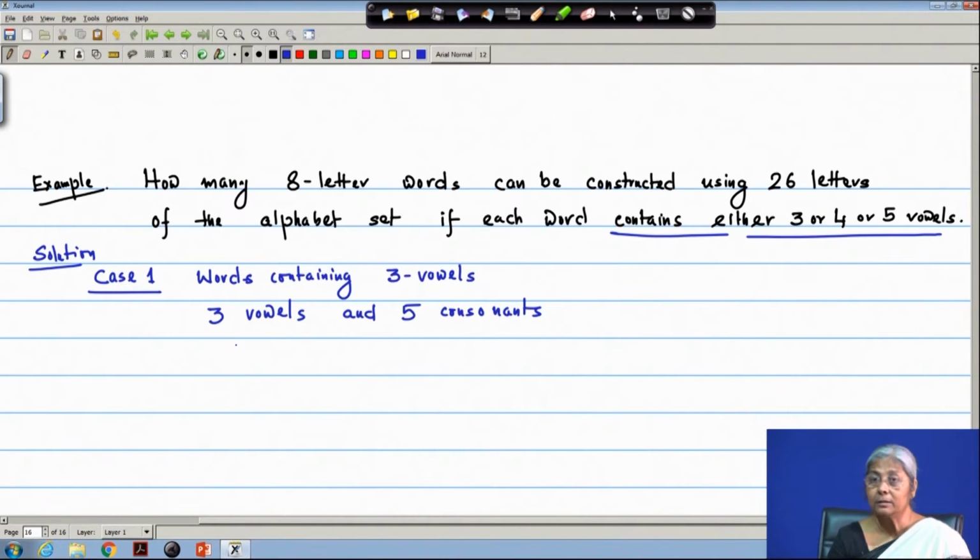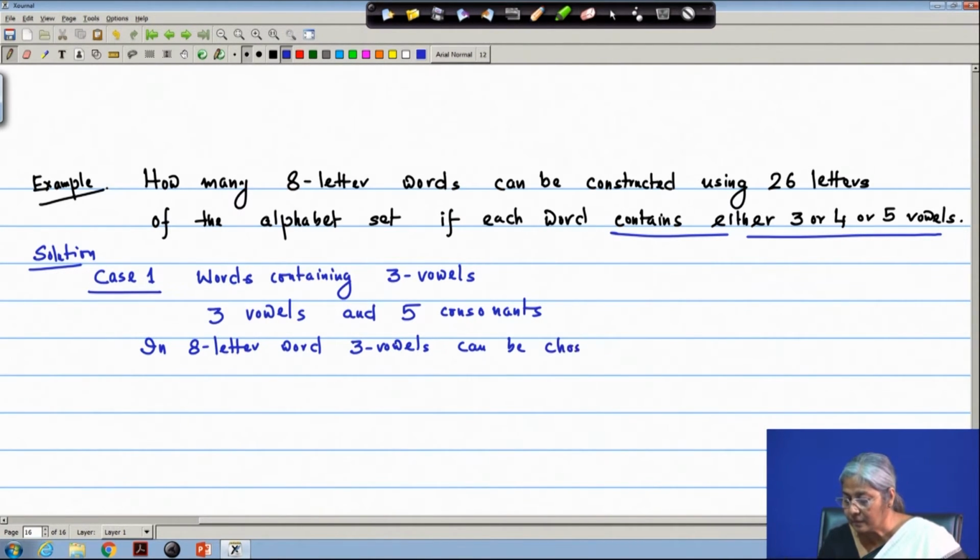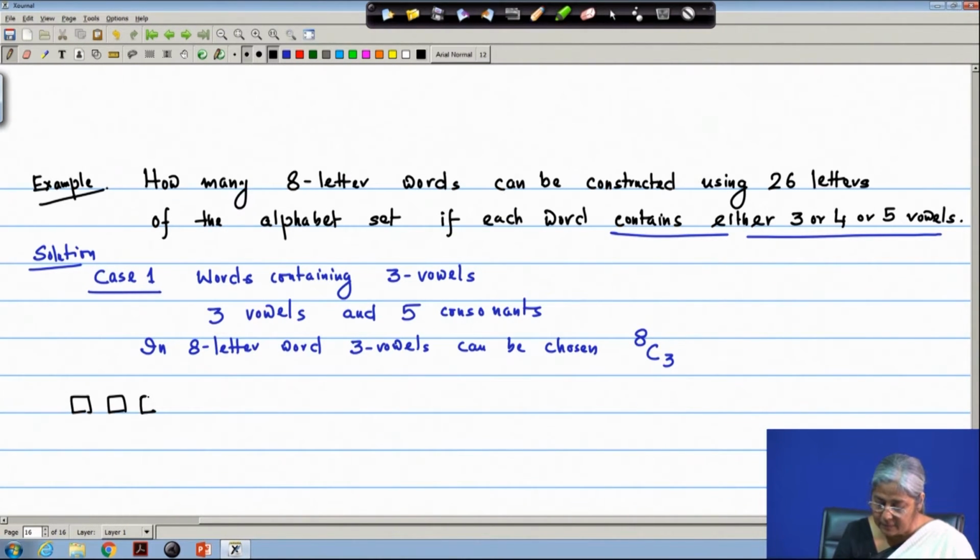In the 8 letter word, how many ways can three vowels be chosen? 8C3. Say this is an 8 letter word with positions 1 to 8.